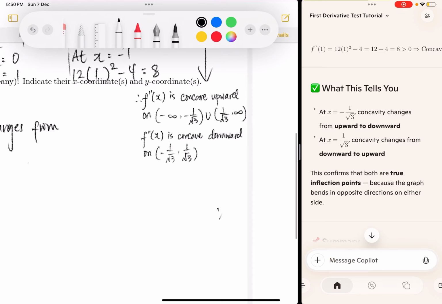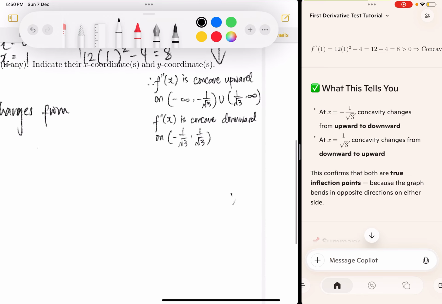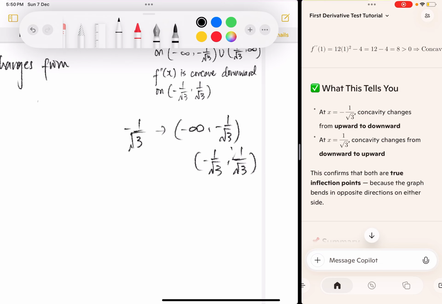Because when we make it into an interval, it will equal either negative infinity, negative 1 over square root of 3, and then negative 1 over square root of 3, comma 1 over square root of 3. So that's the only values it will equal to, while 1 over square root of 3 will equal 1 over square root of 3, and then infinity, right?